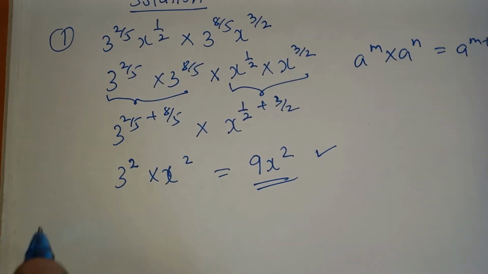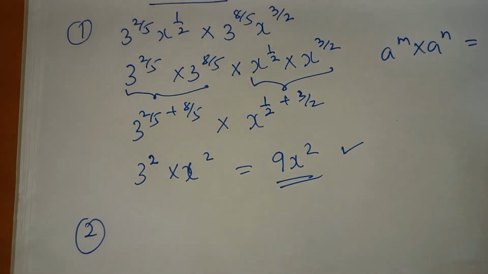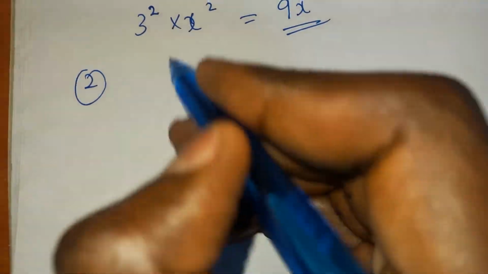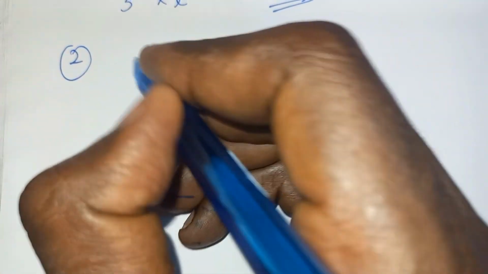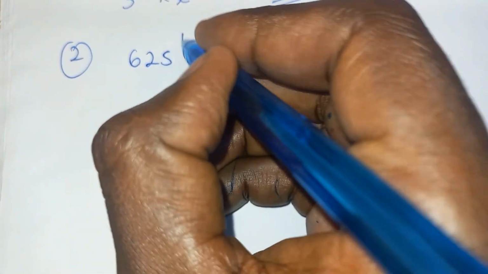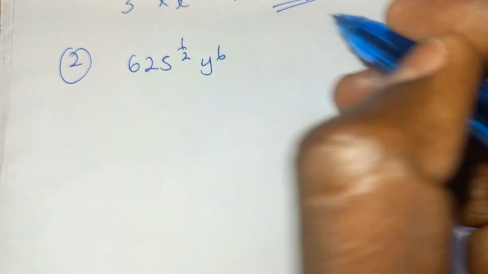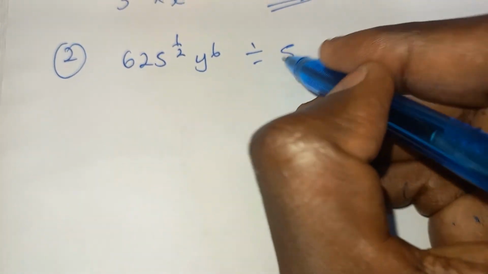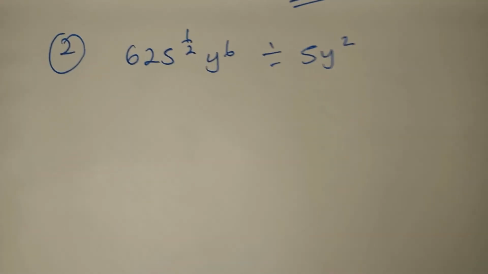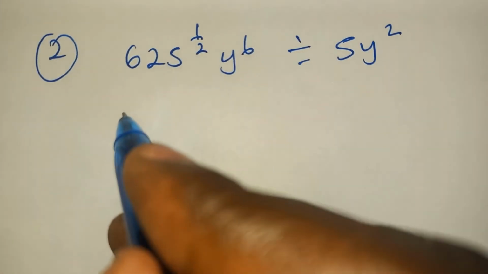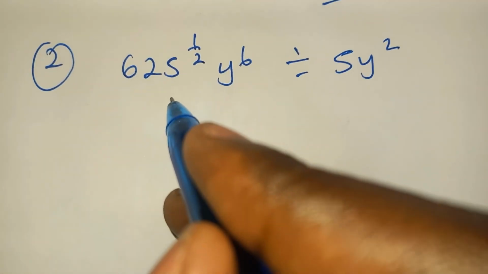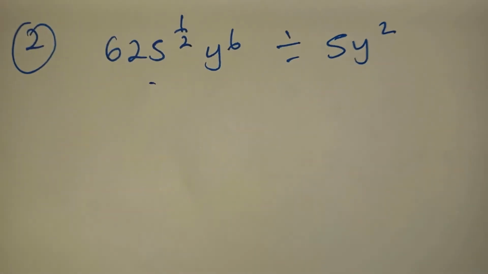Now let's look at problem number 2, and problem number 2 says 625 raised to the power 1/2, y raised to the power 6, divided by 5y squared. So we are supposed to simplify that. Now, how do we do this?